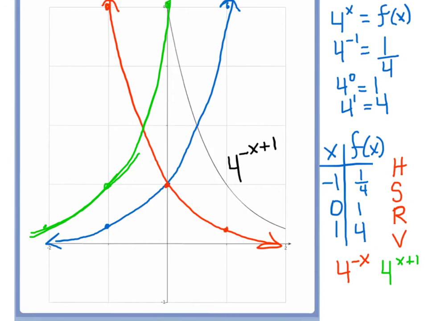Or if we look at the ones that they gave us, another way to write the negative x plus 1 is to rewrite it as 1 minus x. Negative x plus 1 and 1 minus x are exactly the same thing. So this is the function that we're looking for.